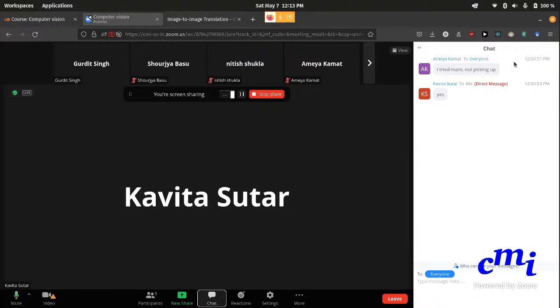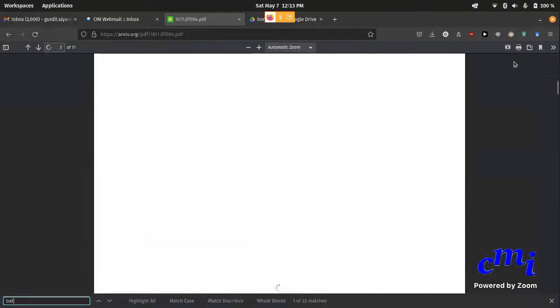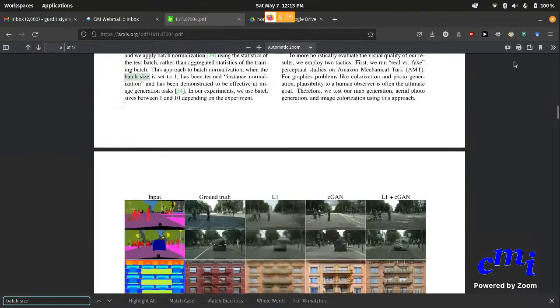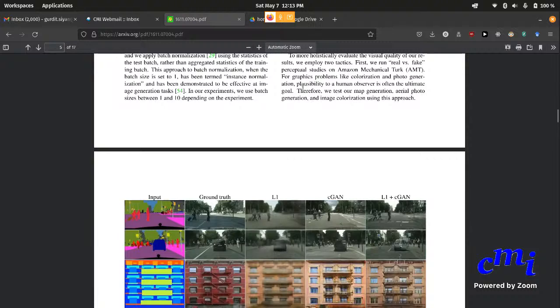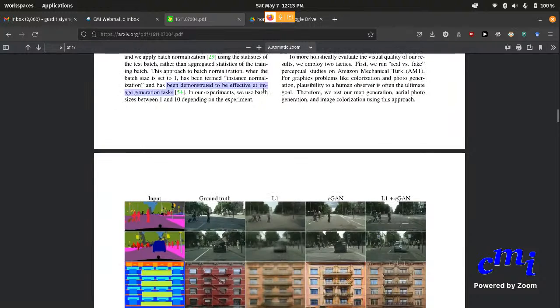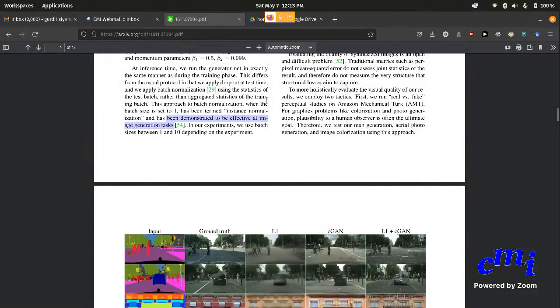But this peculiar choice of batch size one everywhere is intriguing. I don't think there's a justification. Batch size one with instance normalization has been demonstrated to be effective at image generation tasks for some reason, but they don't give a reasonable justification.